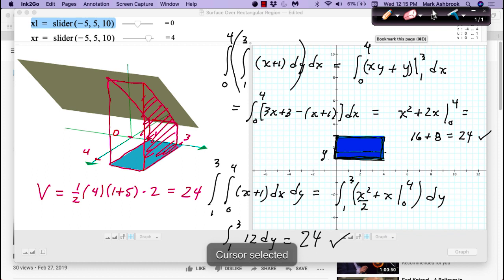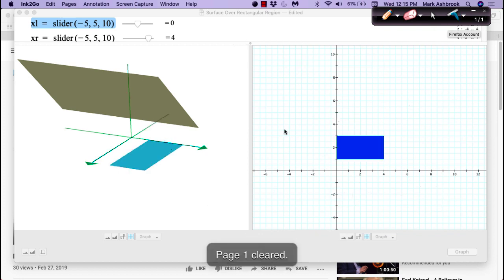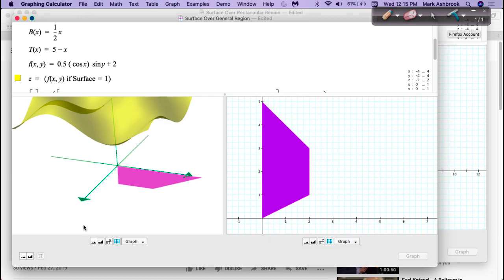Another example. Are we good on this example? So we showed, just geometrically with solids, and then calculus, two ways with calculus, you get the same result, the area of that red thing. So let's look at this example. This is the function 0.5 cosine x sine y plus 2, over this trapezoidal region.